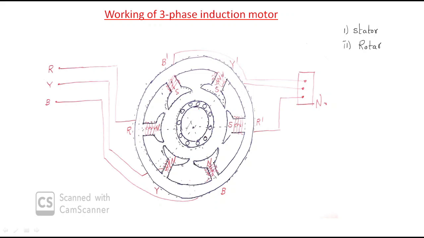Look here, the stator consists of poles 1, 2, 3, 4, 5, 6, and the rotor is the squirrel cage or slip ring. We are looking at the three-phase induction motor in the top view, so by the top view we will observe all these things.